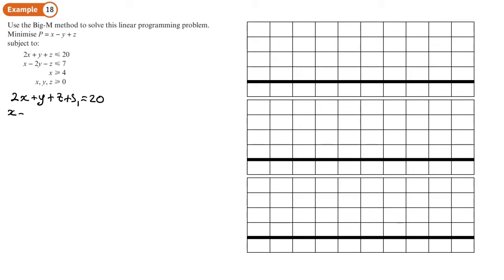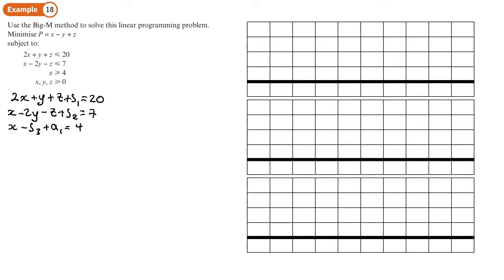Second one, x minus 2y minus z is less than or equal to, so we add a slack variable. It says x is greater than 4, so we subtract a surplus variable, add an artificial variable, and make that equal to 4. And actually, the only difference between this and the previous example is that it says minimize.